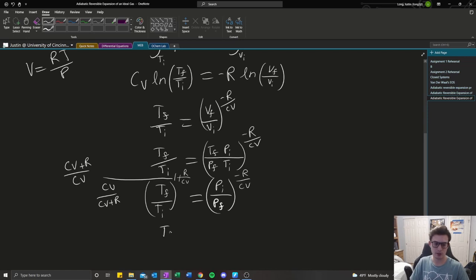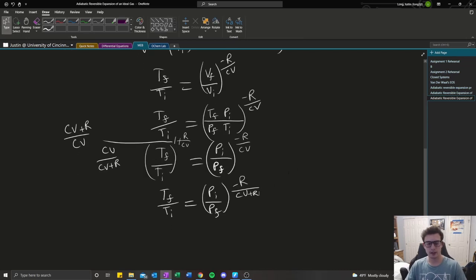Then we end up with the temperature final over the temperature initial is equal to the pressure initial over the pressure final, raised to the CV term canceling out, and then negative R over CV plus R. And that is our relationship between temperature and pressure.